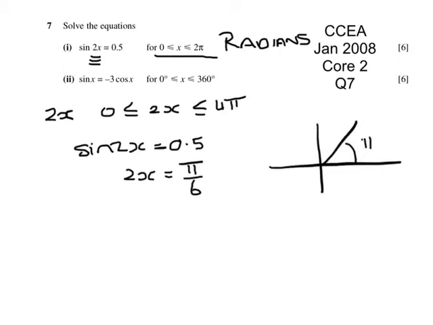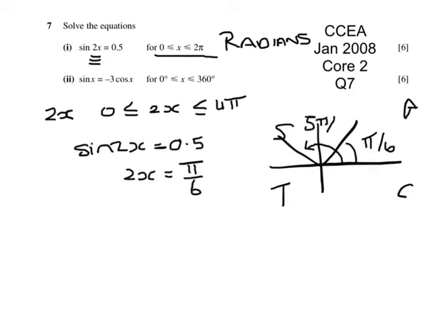Marking that on a CAST diagram, I have pi over 6, and the other place that I am going to have sine as positive is here, and that angle is 5 pi over 6.